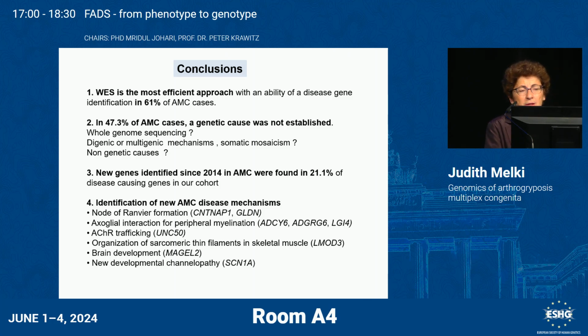New genes identified since 2014 were found in 21% of cases. About AMC disease gene mechanisms, as mentioned, the nodal Ranvier formation and the axoglial interaction for peripheral myelination are included in this new disease mechanism, but also brain development with MAGEL2 and a new developmental channelopathy with SCN1A.